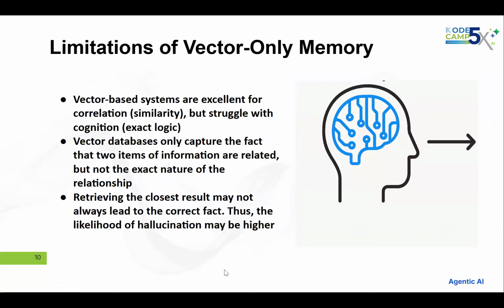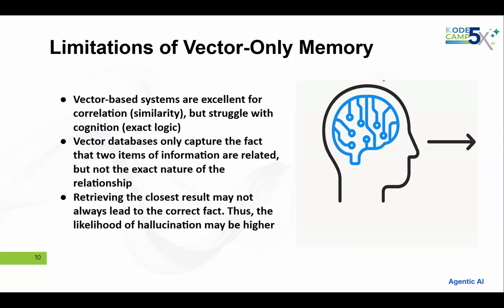Now, the question is, what are the limitations of vector-based memory, where you use only vectors in your semantic memory? Vector-based systems are very good for correlation. I mentioned similarity in vector space, which is indicated by how close the vector representations of two or more words are in vector space.